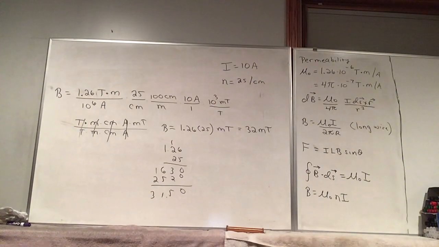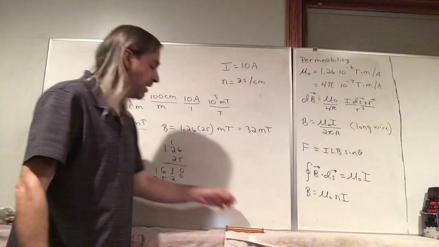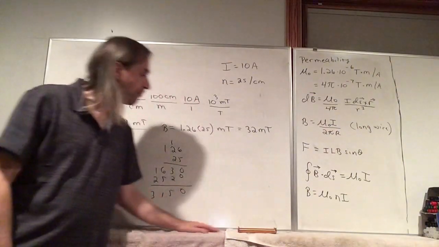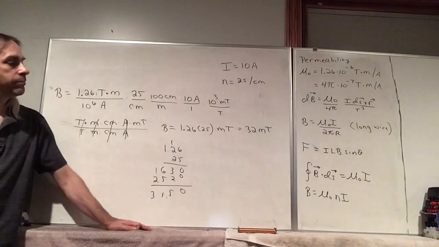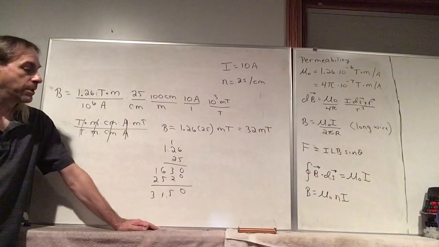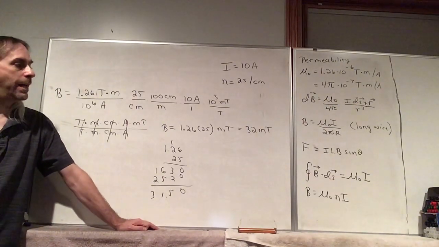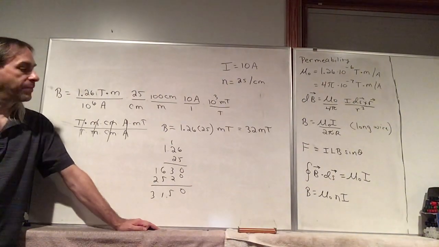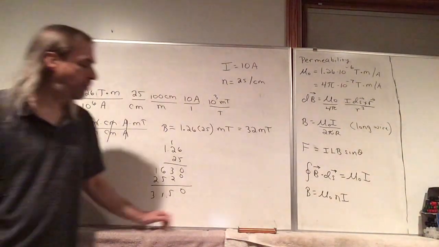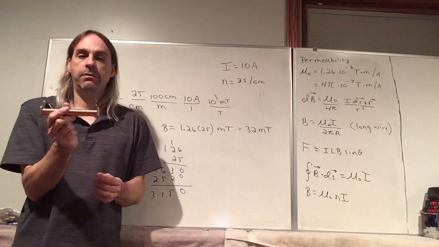And not too bad. We need to run 10 amps through it. It's fairly significant current. But yeah, still we're talking milliteslas here. Now we could actually increase that value by putting metal inside of this.